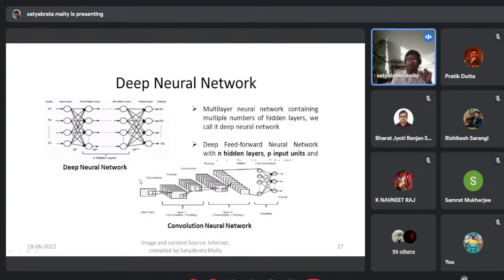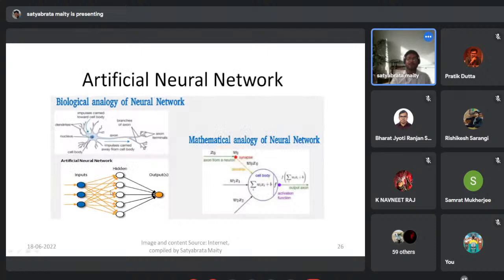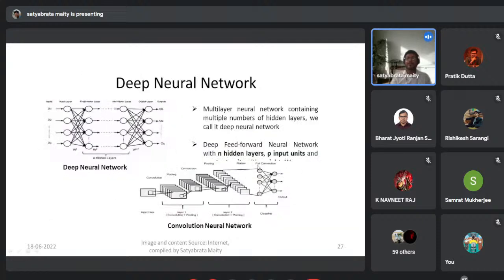If you are thinking of the pixels, each and every pixel is the information content in the image, then those 256 cross 256 pixels have a huge size. After repetitive use of convolution and pooling, we can have a minimum size of these particular features, and that is flattened and used in a neural network like this, right? That layer is called the flattened layer or fully connected layer.